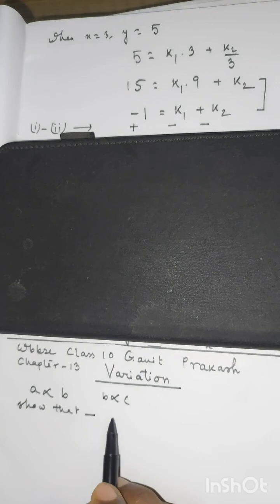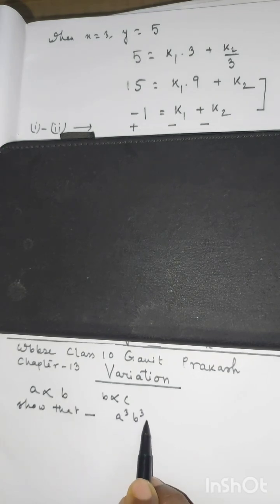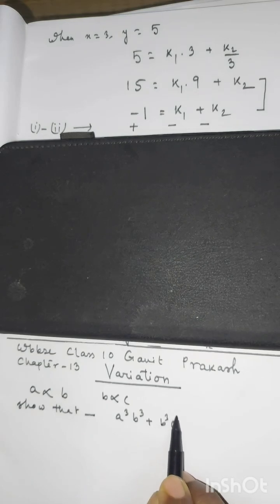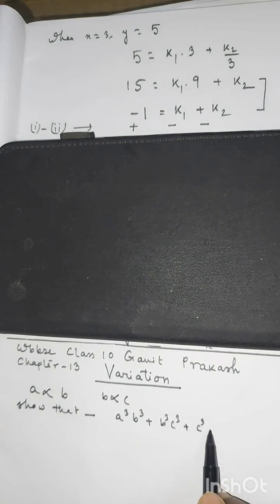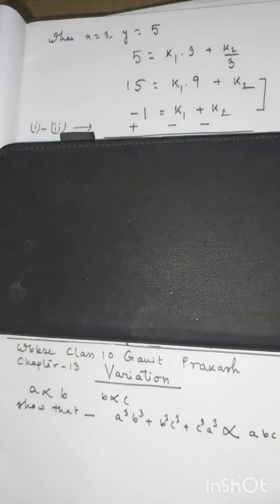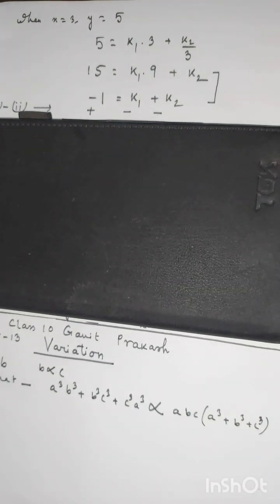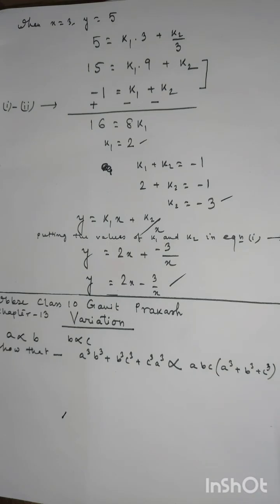Show that A cube B cube plus B cube C cube plus C cube A cube is directly proportional to ABC into A cube plus B cube plus C cube. So this is what we have to prove or we have to show.